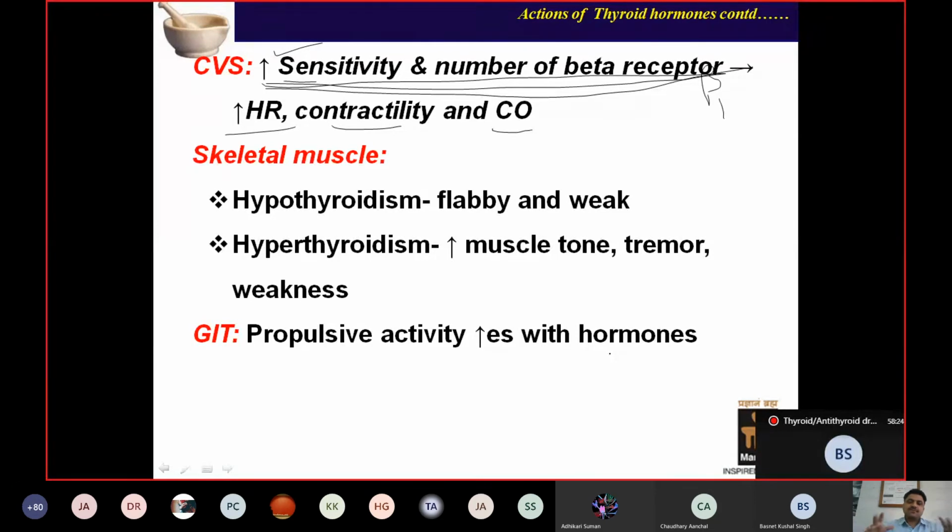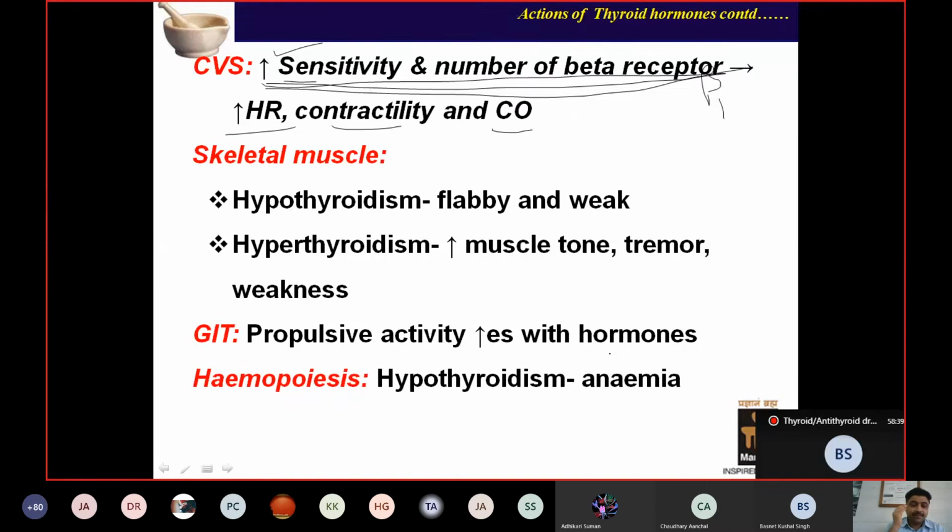So thyroid hormone is important to maintain peristaltic movement. In hypothyroidism there will be constipation. In hyperthyroidism there will not exactly be diarrhea, but the propulsive activity will increase, so you can expect that.